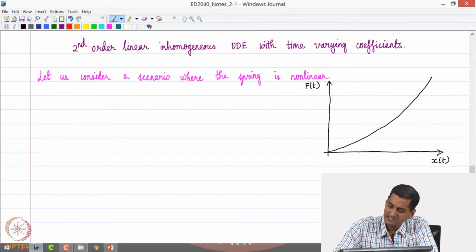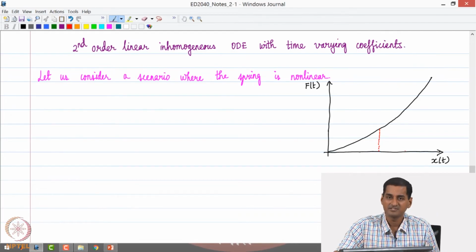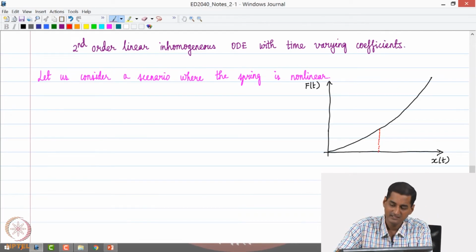So let us say we have the spring in an initial state of compression. That is the initial compression that we have essentially given.